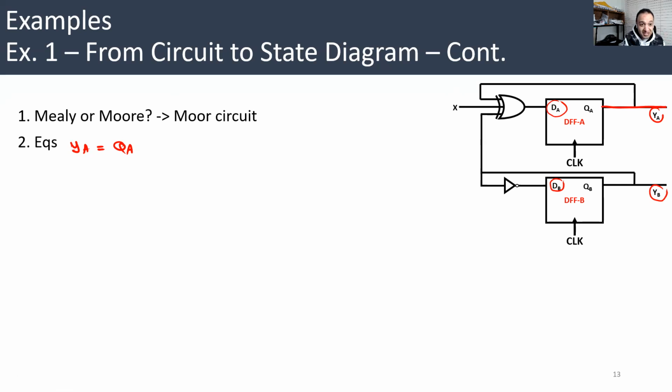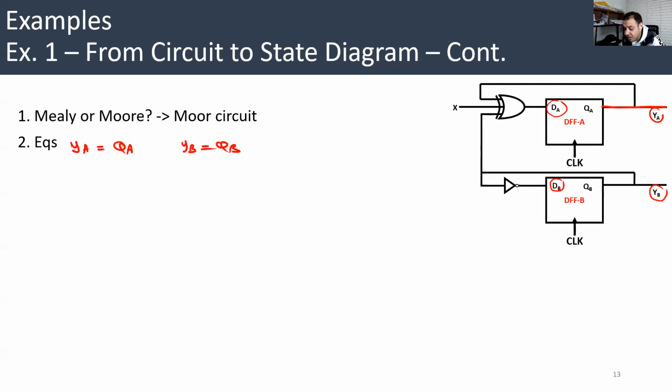Whatever the state of the D flip-flop A is, this is basically YA. If the state, meaning the value of Q, is 0, YA will be 0. If the state of A is 1, YA will be 1. And the same goes for QB and YB. YB is equal to QB.